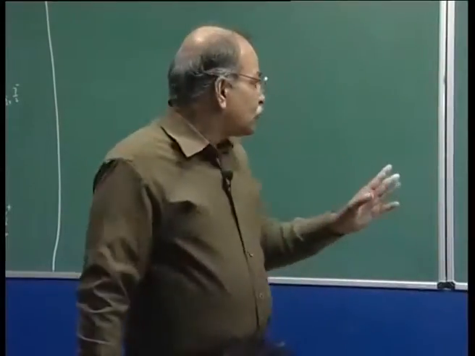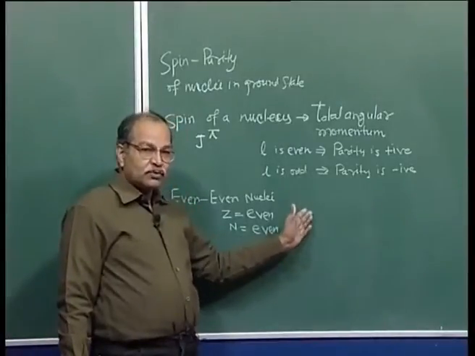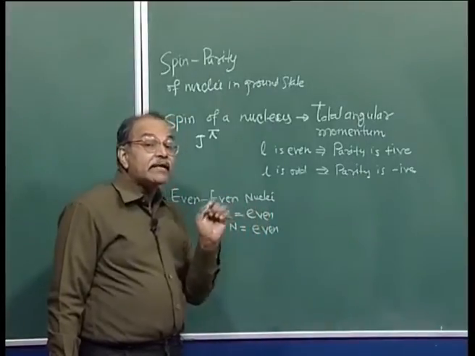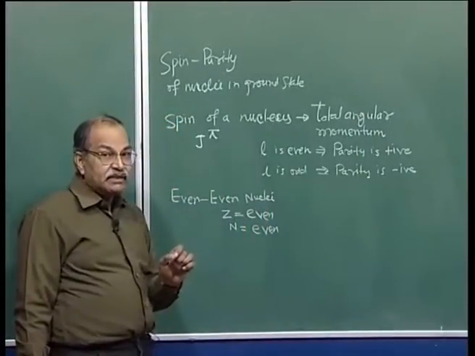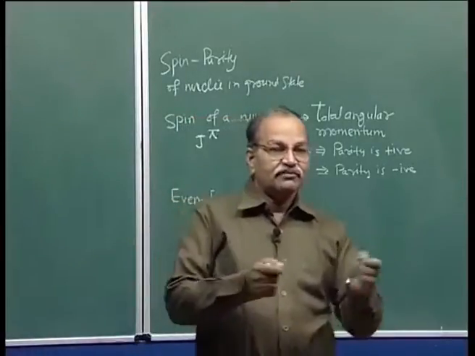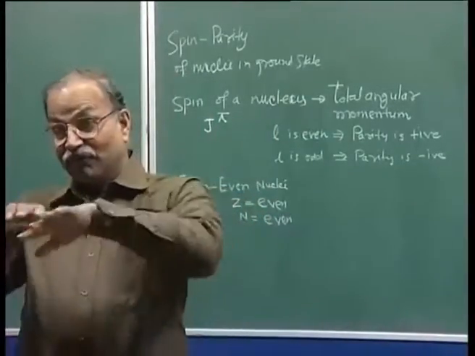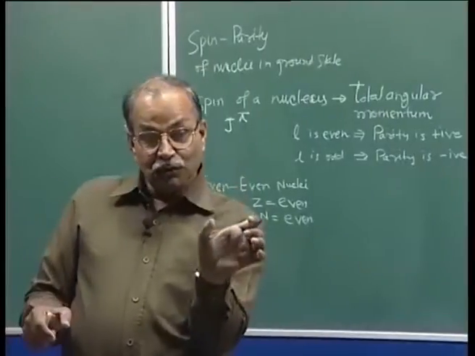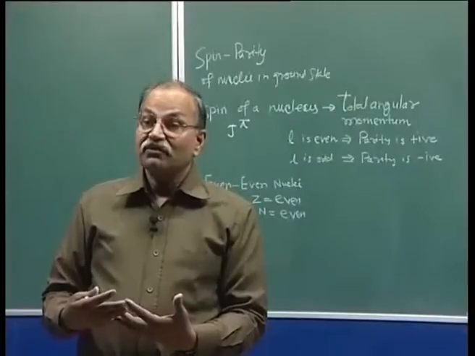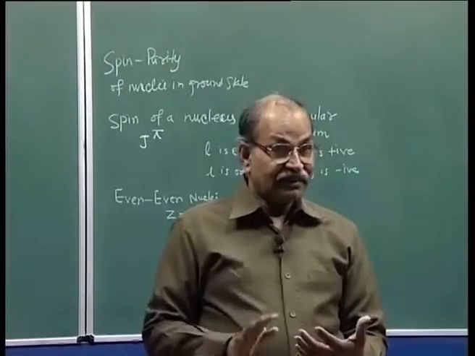So those 2 neutrons or 2 protons in that same level will pair up. For example, in p half we have 2 neutrons, or in s half we have 2 neutrons or 2 protons, or in p 3 half we have 4 quantum states, then 2 will pair up and 2 will pair up, and when they pair up, angular momentum is 0 and magnetic moment is 0, everything 0.